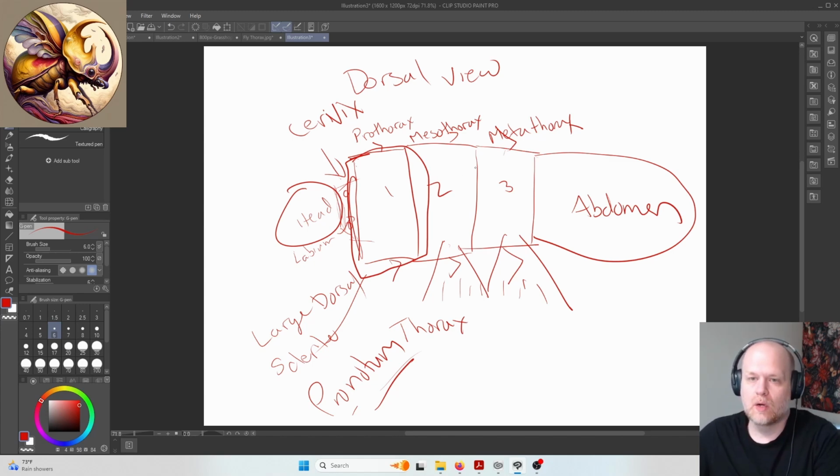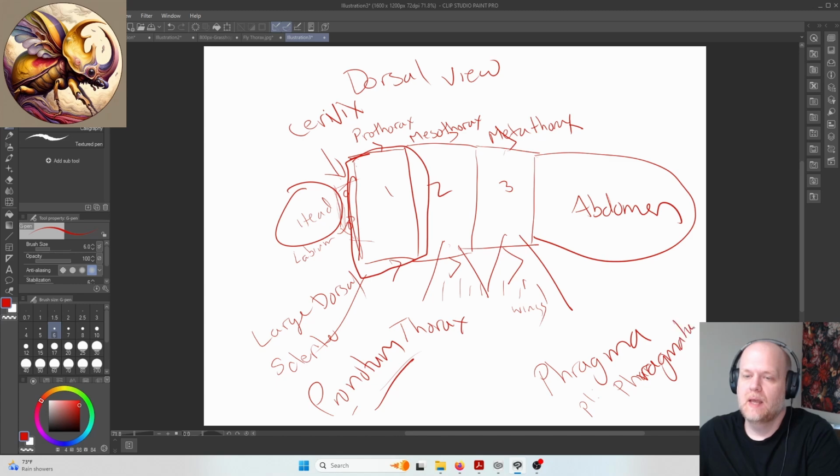The other word that we will deal with quite a bit when talking about the thorax, so these are the wings, is something called the phragma. This will be more when we're talking about the internal structure of the thorax. The plural is phragmata. These are behind the wings, and they're these long creases that you'll see running down the dorsal surface of the thorax.